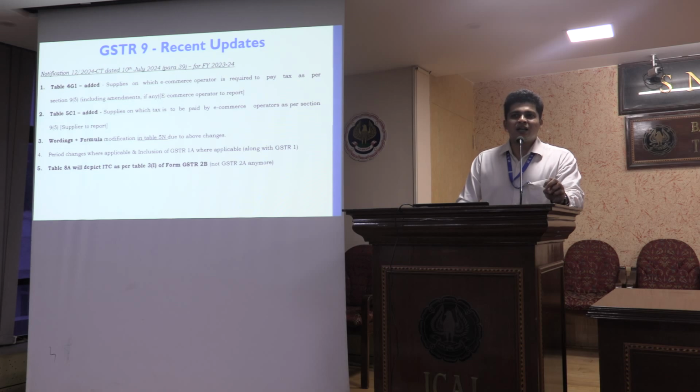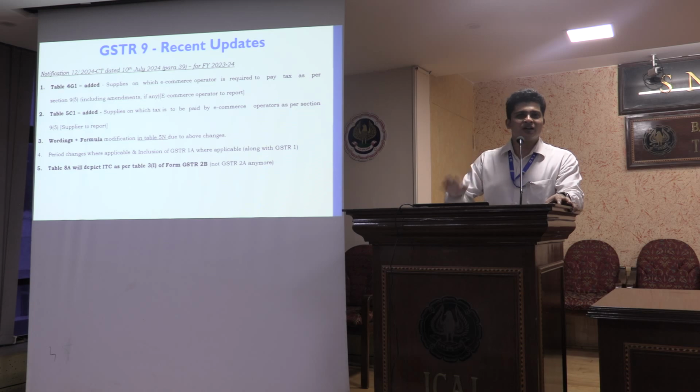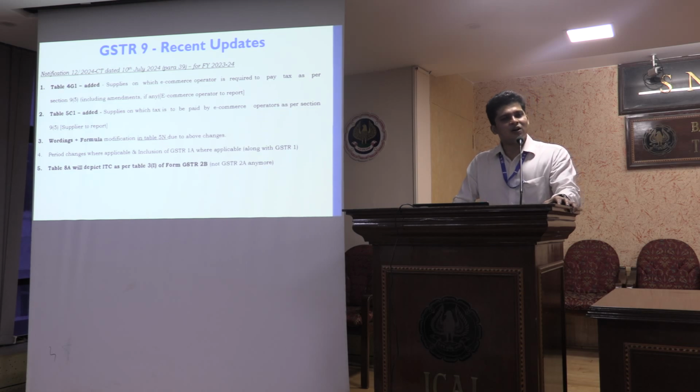Earlier, Table 8, which has this reconciliation process, was not being filled with any gusto by any taxpayer. They were using it as a balancing figure kind of table where all kinds of data was being pushed. Even if it was negative, they did not care. Because there was a press release in 2018 which said that data which is shown in Table 8 is only for the information and intimation of the departmental officers.